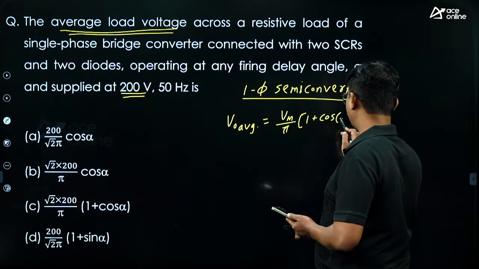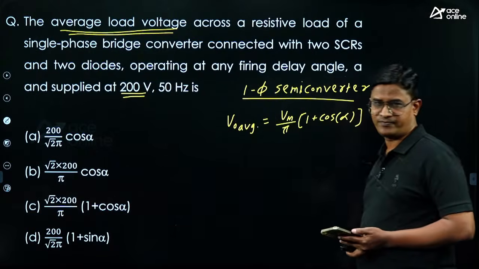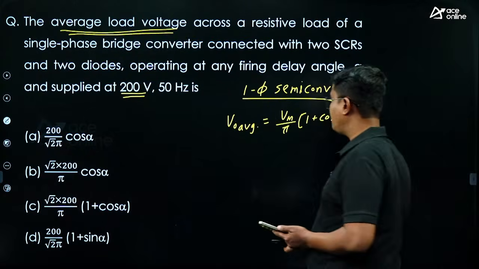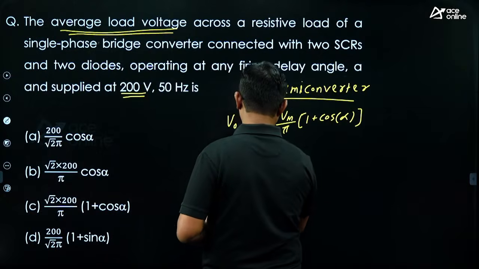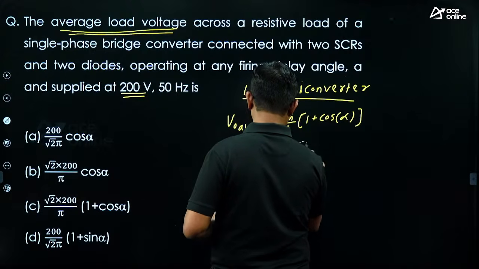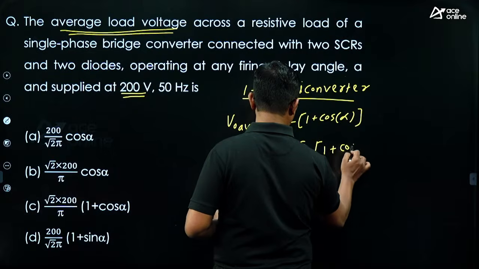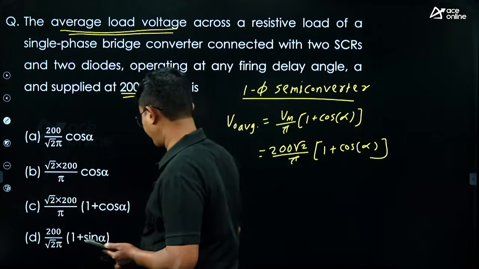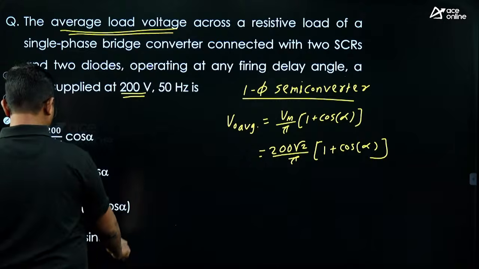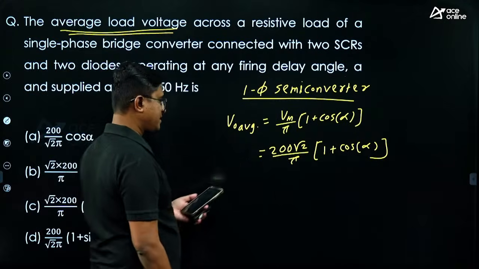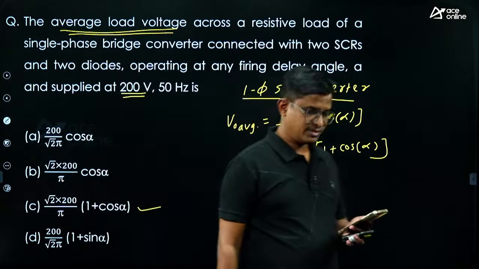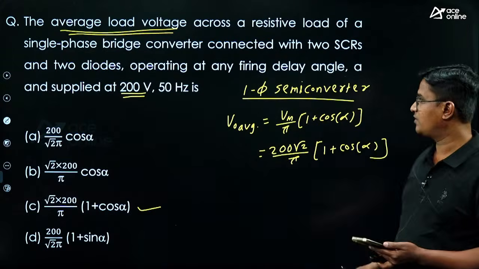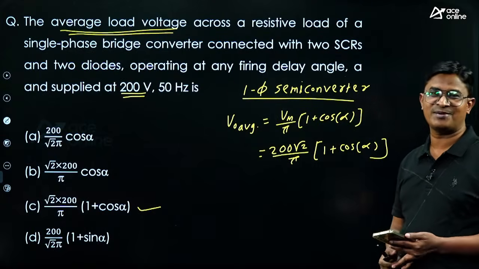Now here Vm is 200 into root 2. 200 root 2 upon pi into 1 plus cos alpha. So if you see the options, yes, root 2 into 200 by pi into 1 plus cos alpha. Option C is the correct option. Simple question, but you need to understand the question is related to semi converter.